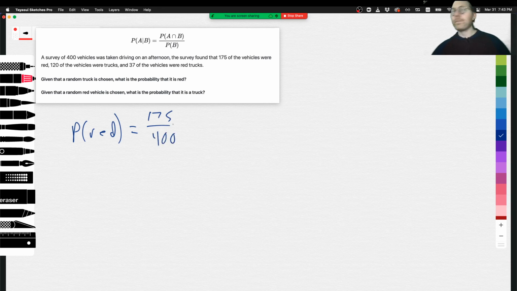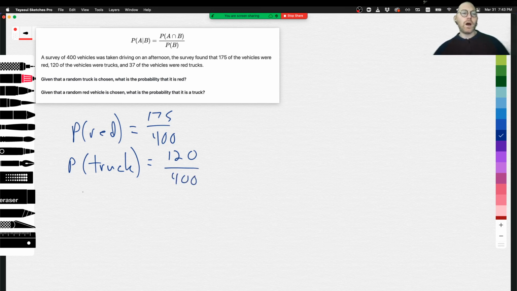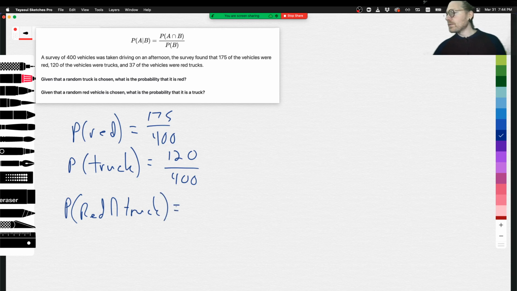The probability of truck is 120 out of 400. And the probability of red and truck, the intersection of red vehicles and truck vehicles, is going to be 37 out of 400.